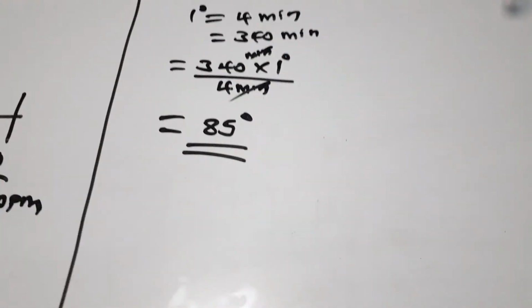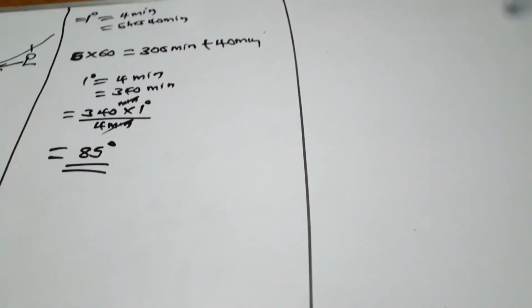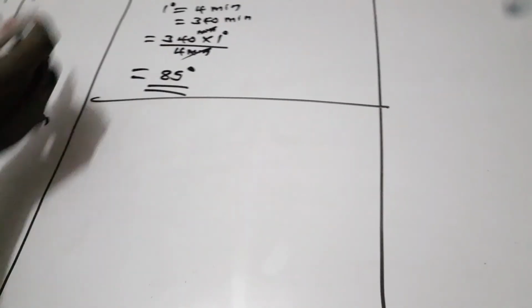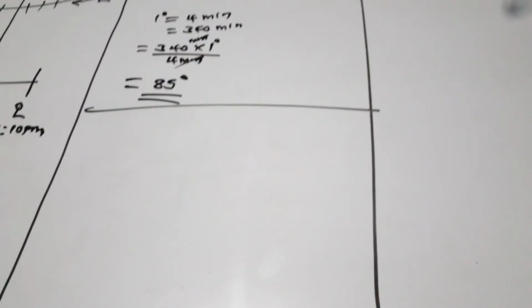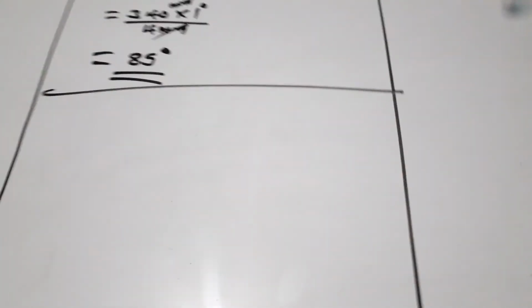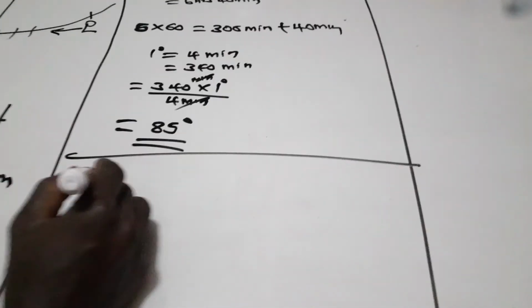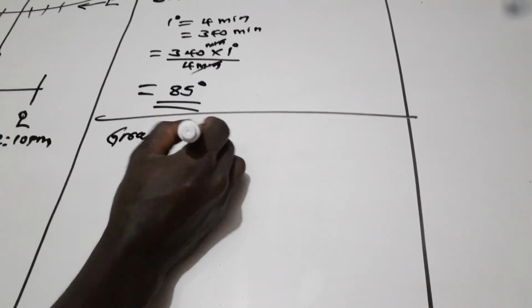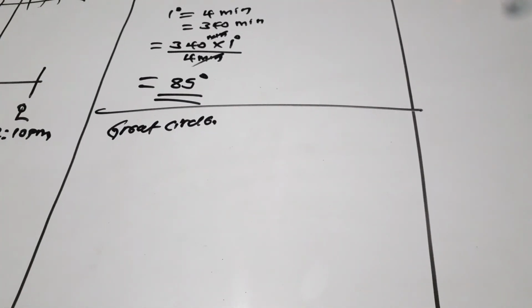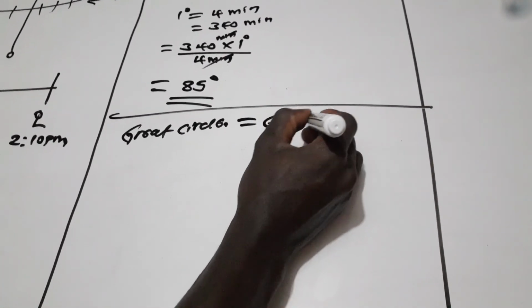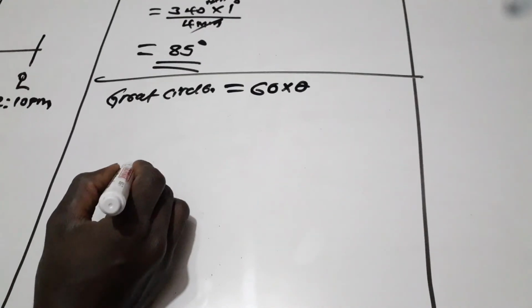So you're going to move to the distance between the towns in nautical miles. For the distance between the towns in nautical miles, remember they've said it's the equator. This is our equator. So remember, the equator is a great circle. So the distance between the two towns in nautical miles, we know that for the great circle, the formula is 60 multiplied by the angle difference.